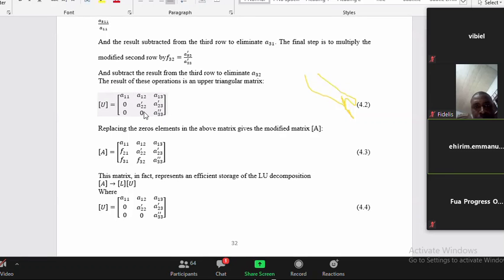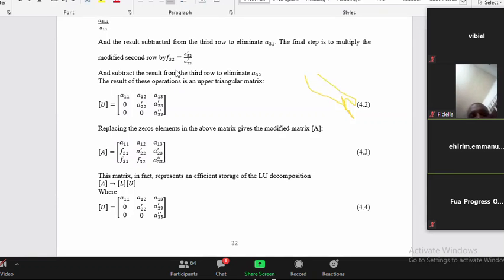So now what do we do? We want to form the lower triangle. Now, if you watch, because of the eliminations we did, we are substituting the factor we used to eliminate X1 here and to eliminate X1 here, all right? And to eliminate X2 here.